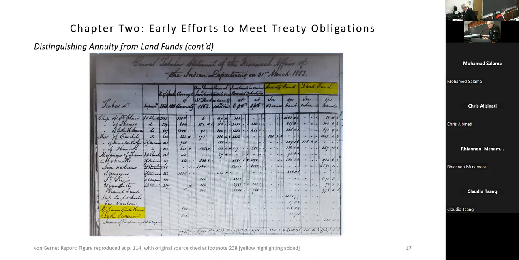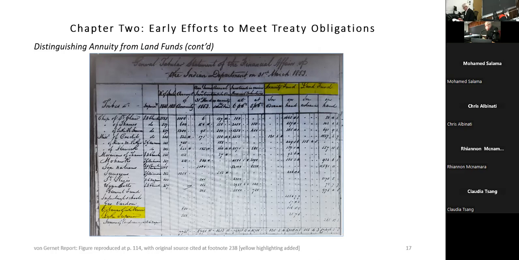Yeah, so on the left-hand side is the portion of the Receiver General's books that relates to the Indian Department. I selected this one because it was probably more legible than the others. This was prepared on March 31st, 1853.